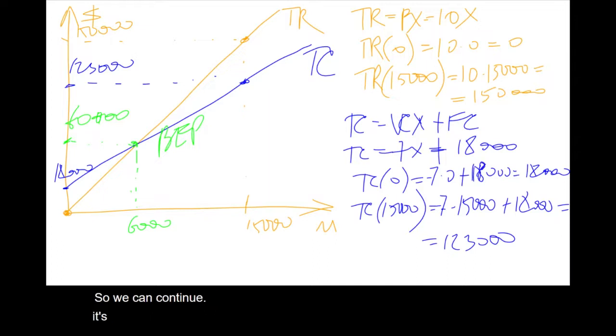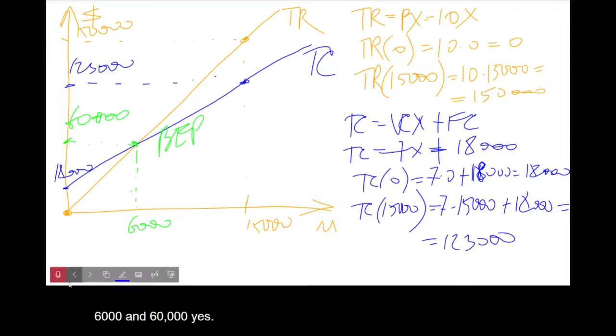It's 18 here. Yeah, go ahead, Sawa. $6,000 and $60,000, yes.